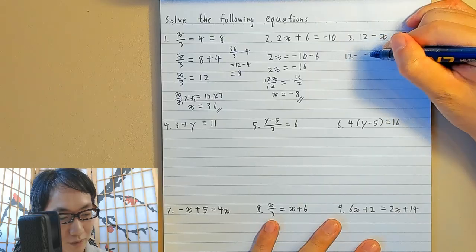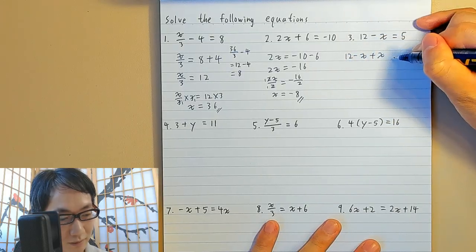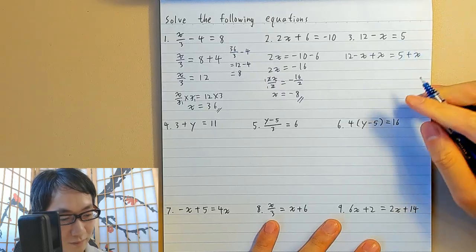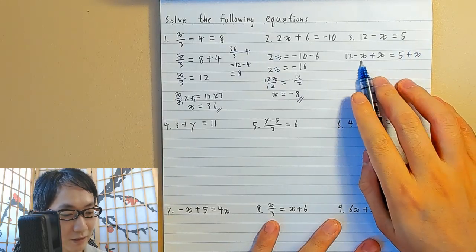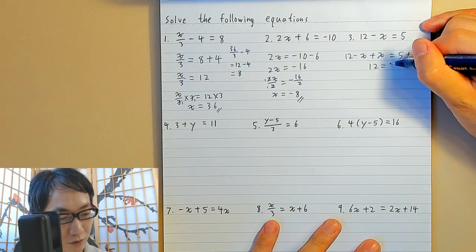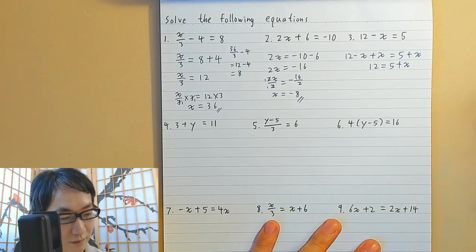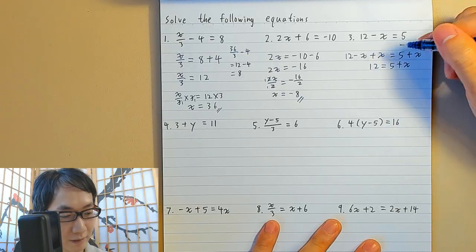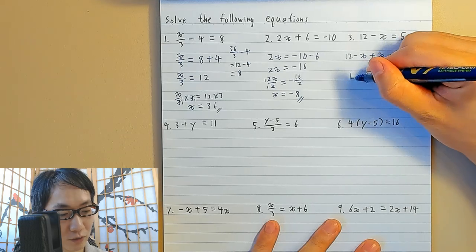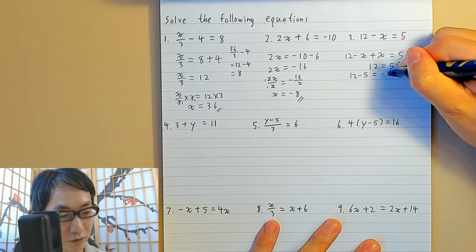So 12 minus x plus x is equal to 5 plus x. So now the left hand side doesn't have x anymore. And 12 is equal to 5 plus x. And then I deduct 5 from both sides. So 12 minus 5 is equal to x.